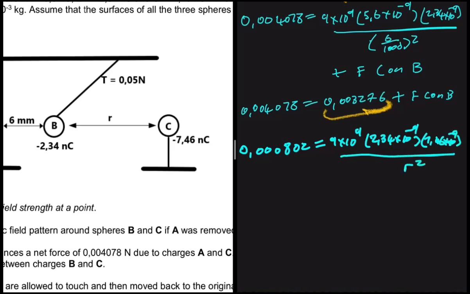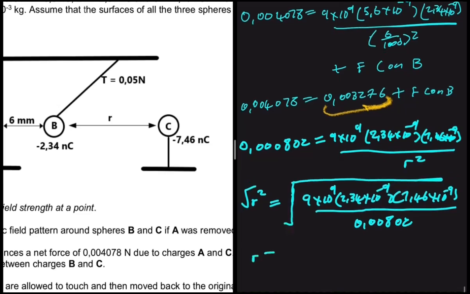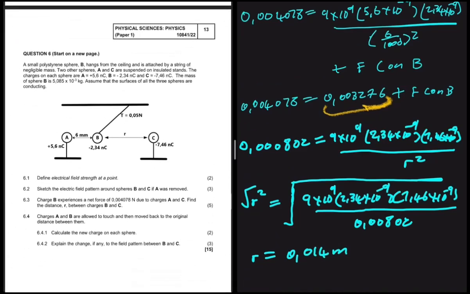If we do a bit of mathematical manipulation at this point, we're going to get R squared is equal to 9 times 10 to the power 9 multiplied by 2.34 times 10 to the minus 9 multiplied by 7.46 times 10 to the minus 9. Everything divided by 0.000802. We take square roots on both sides. R is equal to 0.014 meters. And just like that, we have solved 6.3.